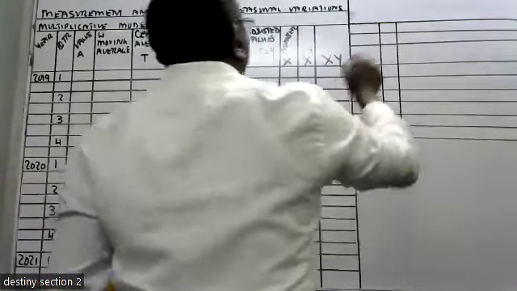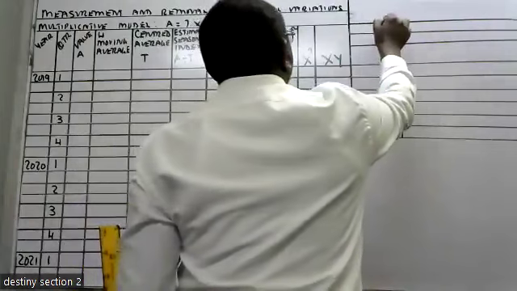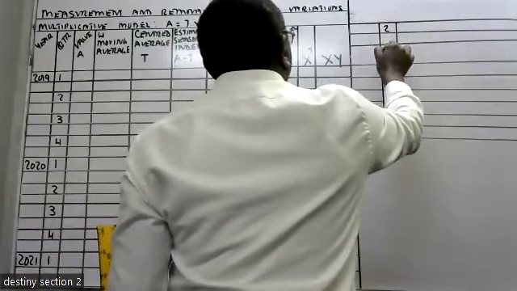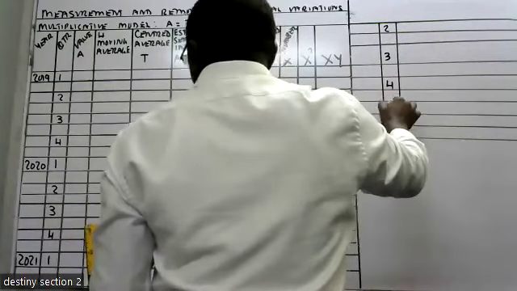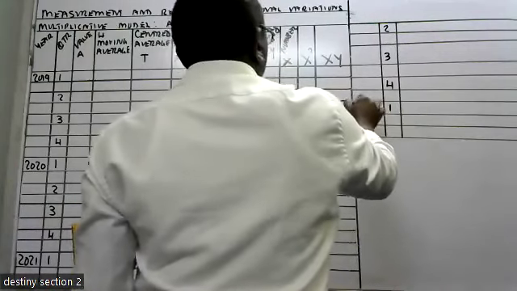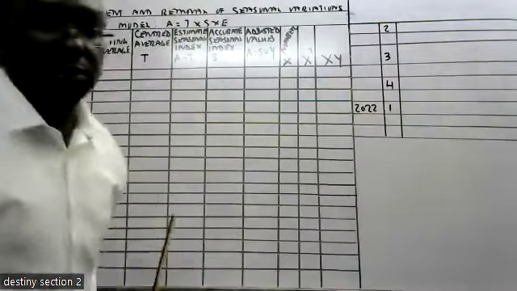So I skip 1, I write 2. I skip 1, 3. I skip 1, 4. I skip 1. That is now 2022.